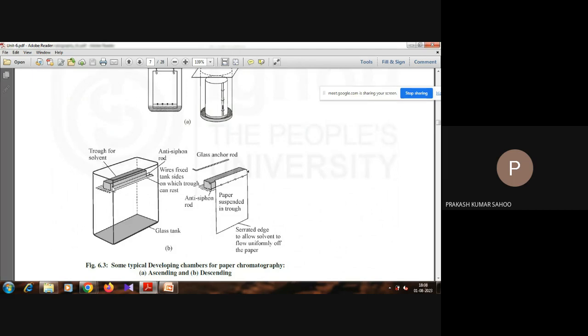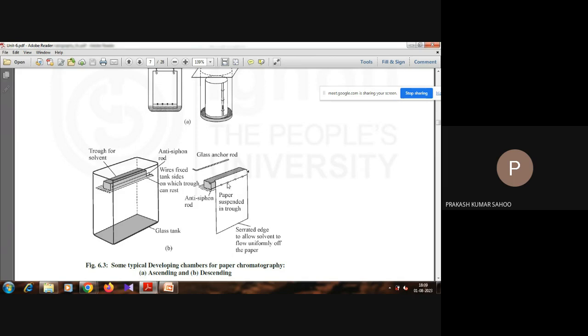Trough means this is just like a box containing the solvent, and this is the solvent. There is a glass rod attached here, and from this glass rod our cellulose paper will be hung from top to bottom, and before that we will have all the samples like this.